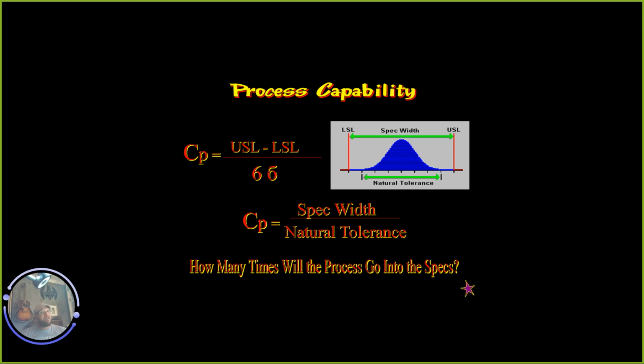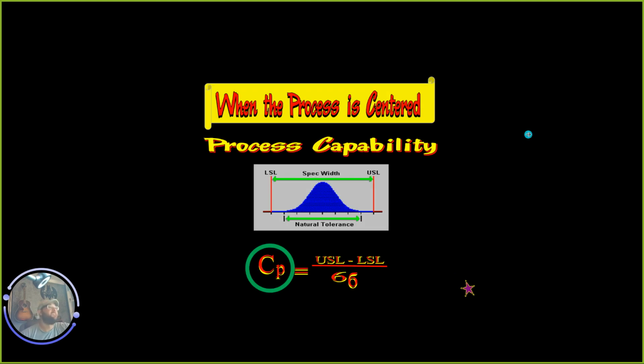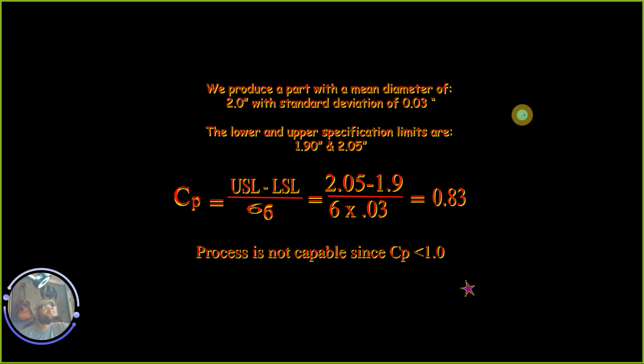If it doesn't, you don't have a good process to begin with. Go ahead and pack it up and send it on home because it ain't working. So CP deals with process capability and understanding whether the process is centered. I keep saying it, but when the process is centered, we use process capability.